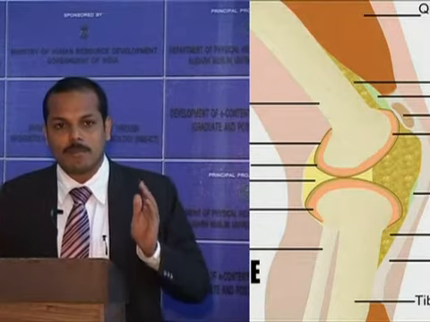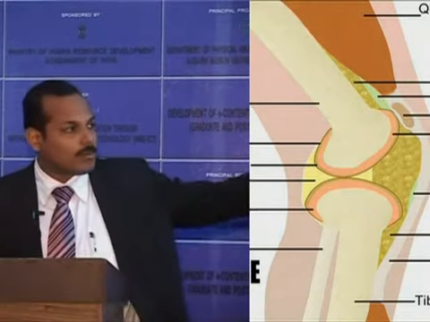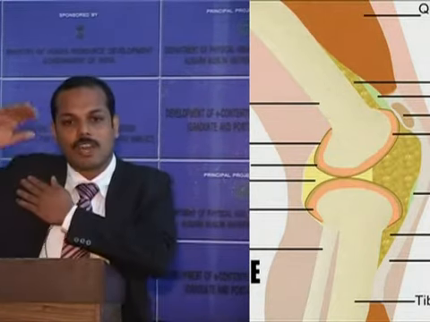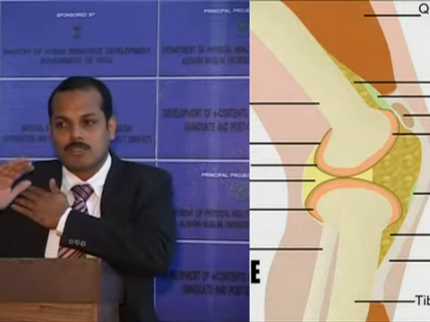Take the example of the shoulder joint: it has a lot of mobility, so it compromises stability. That is, the shoulder is a joint where stability is less and mobility is more. But the knee joint has both stability and mobility, and it is one of the largest joint complexes of the body.